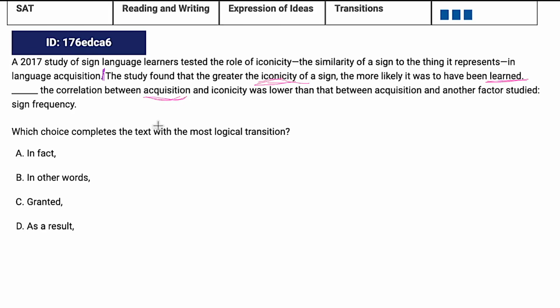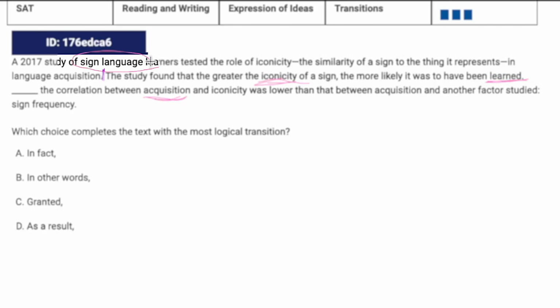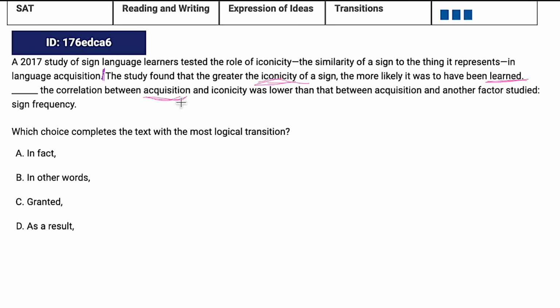When you acquire something, you learn it. In particular, talking about like language acquisition. If we look at the first sentence, it does indeed say sign language, right? So in the next sentence, it's saying that basically learning is not as linked to iconicity as it is to sign frequency. So I do have contrasting ideas here.